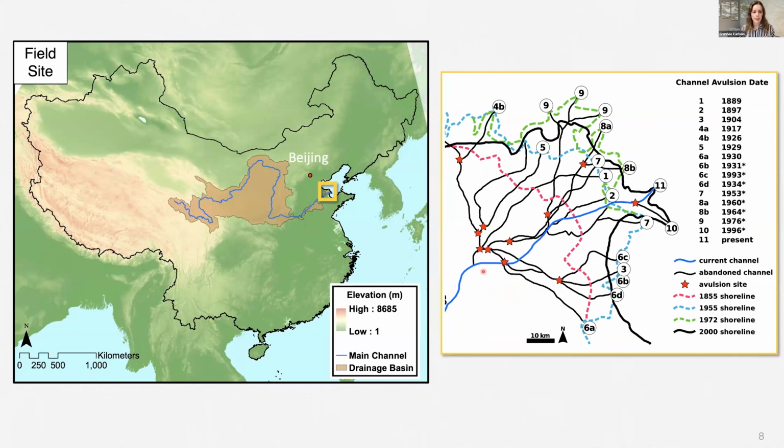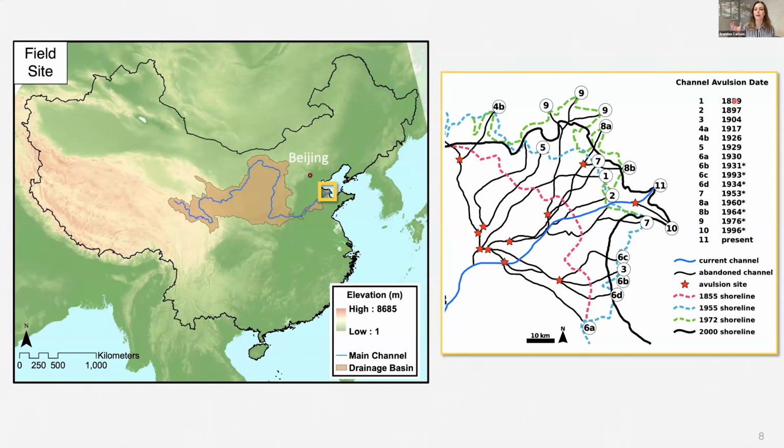Here I'm showing a schematic of the Yellow River Delta, where again, this blue line is showing the active channel, and each of these black lines surrounding it is showing an abandoned distributary channel. Corresponding to each of those distributary channels, we have dates here on the right. You can see these avulsions that are abandoning distributary channels happen frequently, to the tune of about once per decade.